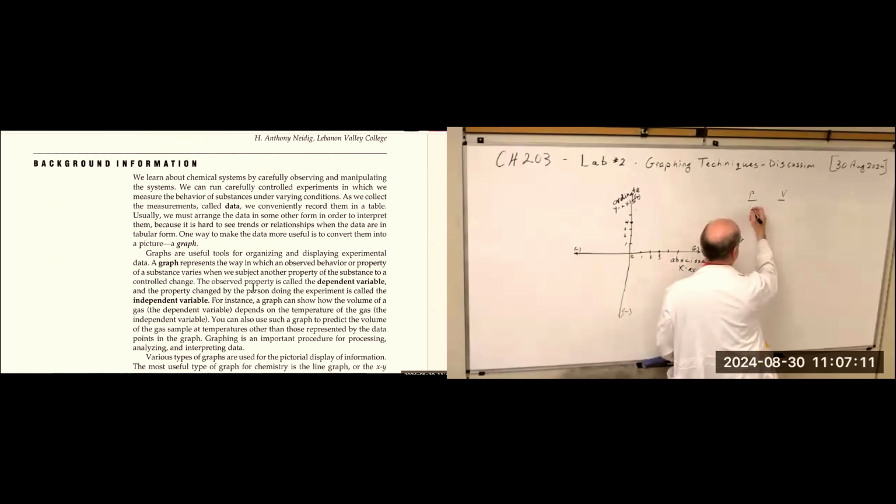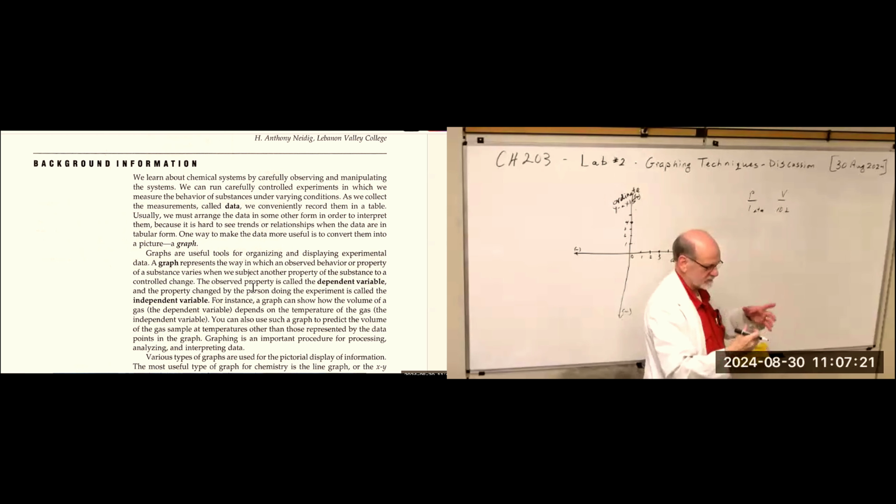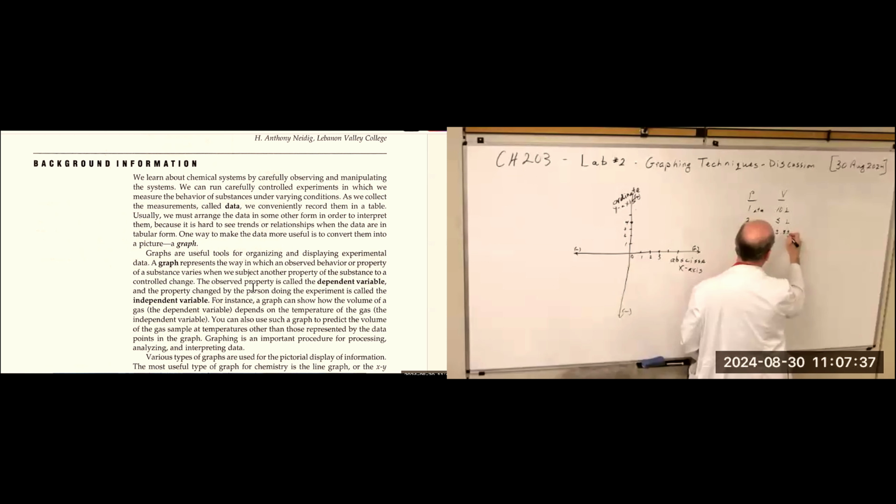So if I put, say 1 atmosphere pressure, it might be 10 liters in that space. If I put 2 atmospheres pressure on it, it might only be 5 liters, right? If I put 3 atmospheres pressure, it might be, let's see, 3.33 liters, and so forth.